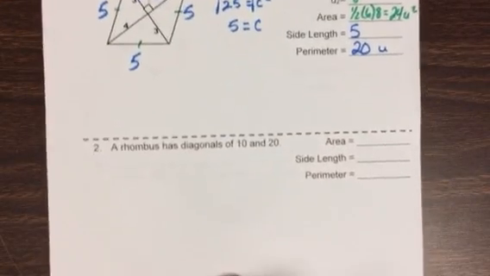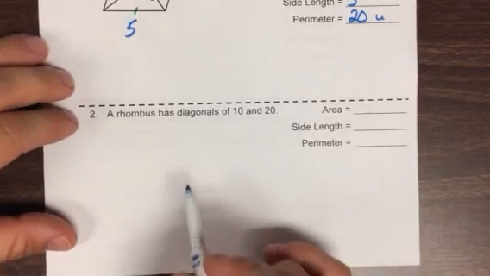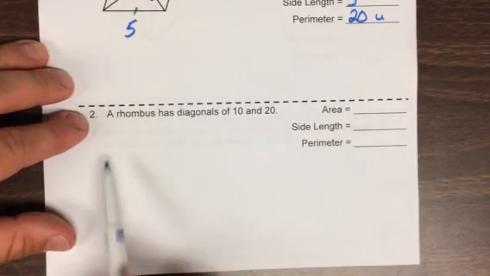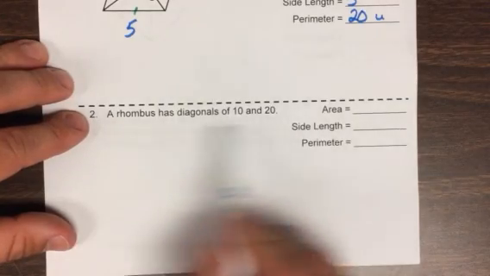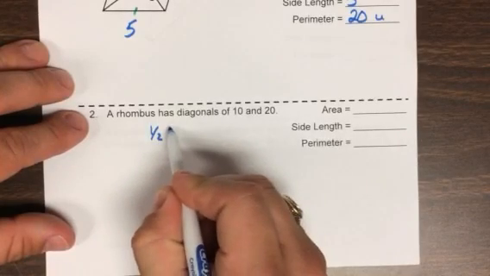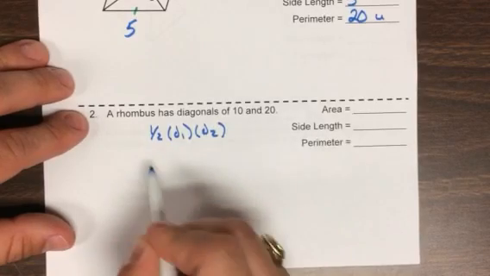Let's look down at example number 2. A rhombus has diagonals of 10 and 20. So here we don't even need a picture right now. My formula is 1/2 D1 D2.